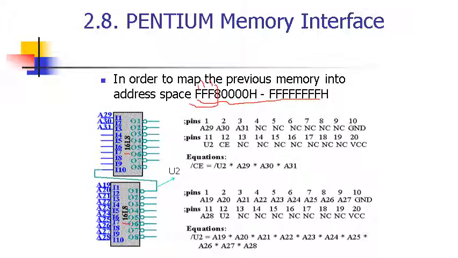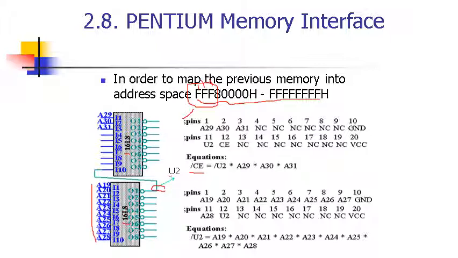So we have 13 address pins, the most significant 13 address pins that have to be always high. This is what we are going to decode to produce what? To produce the chip enable signal. So whenever these are all ones, a low signal is produced at this pin.